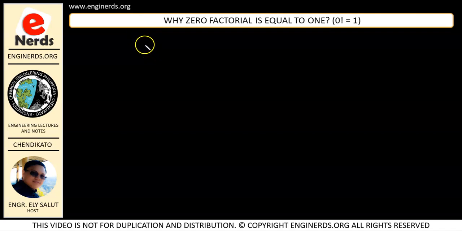Natutunan natin that a factorial of a number is equal to the number times the number minus 1 times the number minus 2 times the number minus 3 and so on until you reach 3 times 2 times 1. Okay? Well, for example, meron tayong 5 factorial.